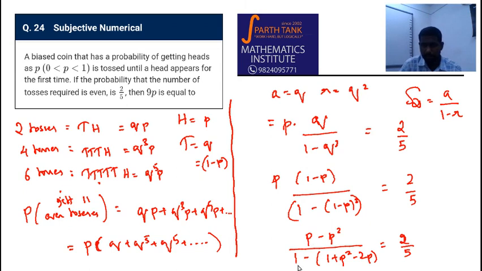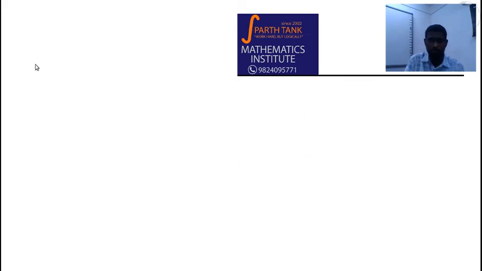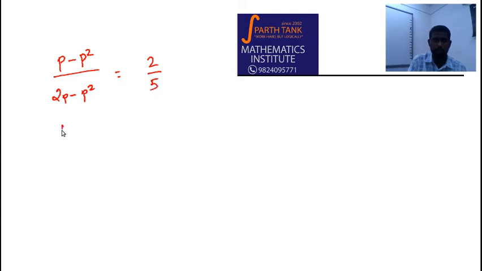So let us rewrite: 1 minus 1 is gone, so I get 2P minus P squared. So P minus P squared by 2P minus P squared is equal to 2 by 5. Or you take a P and cancel it, and I get (1 minus P) by (2 minus P) is 2 by 5.